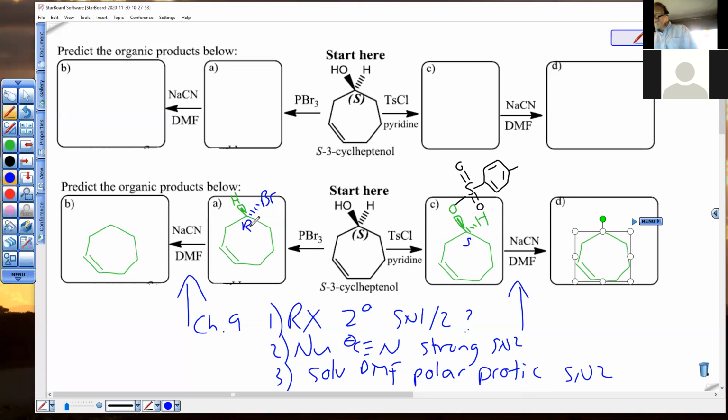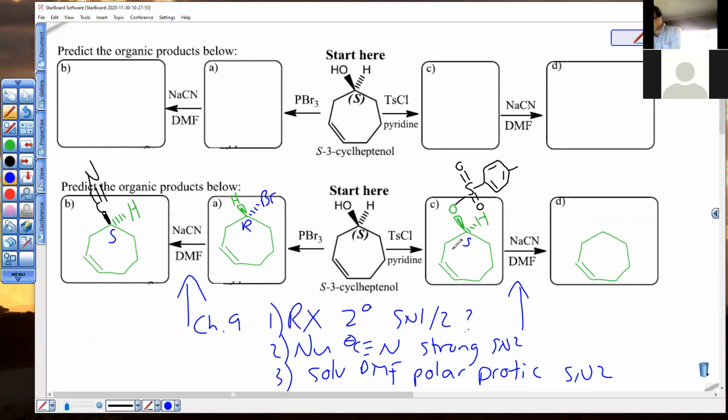You're doing a backside attack SN2 on an R stereocenter, it will end up S. Here's your cyanide. If I ask you to show all the pi bonds, I want you to show me all the pi bonds. And the H got pushed back. So look at where you started and where you ended. You started way over here. The PBr3 reaction involves an SN2, and then another SN2 that we just analyzed got you back to your original stereocenter that used to be S, and it's S again because you did two backside attacks.